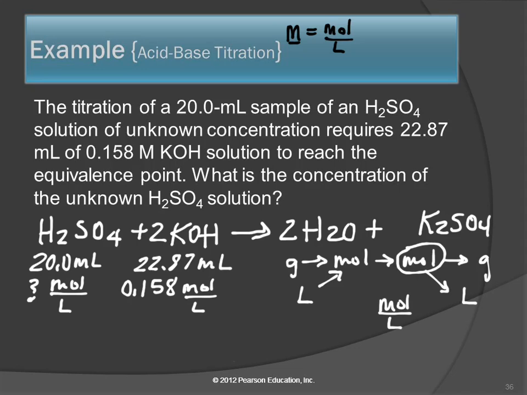Okay. Now, this says liters. And these are in milliliters. So there's different ways to approach this. We can convert those to liters first, or we can stick them in there as milliliters and say, we'll take care of that later. Which one do you want to do?